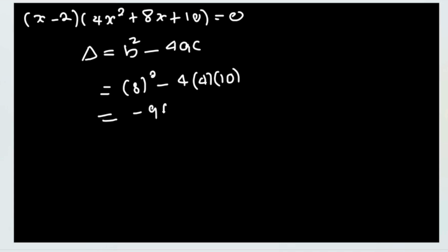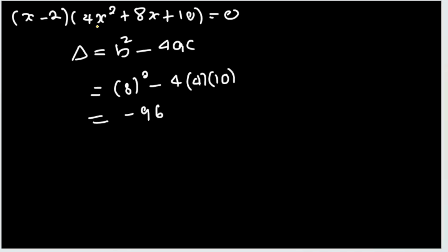For 4x squared plus 8x plus 10, the discriminant is less than 0.